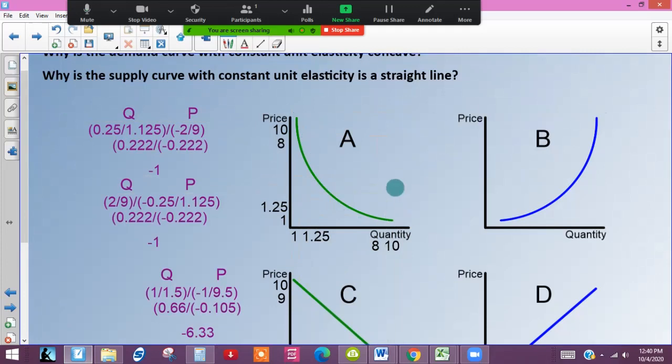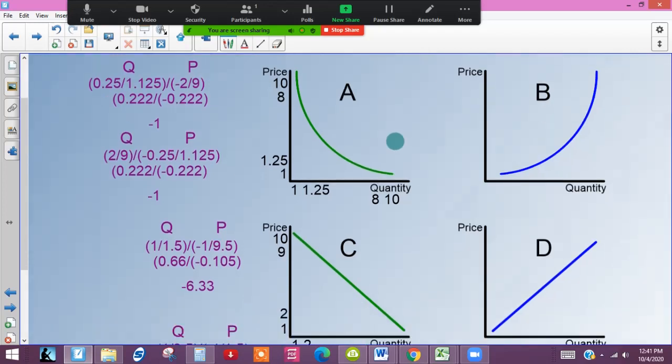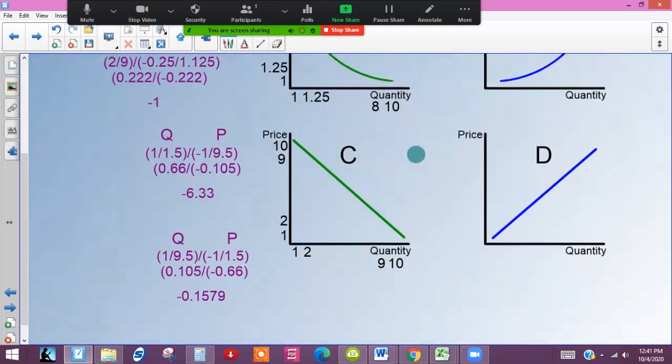So let's just talk about that, and then we'll get to the supply. The supply curve is way simpler. So I plugged in some numbers on this demand curve right here, and then this linear demand curve down here.